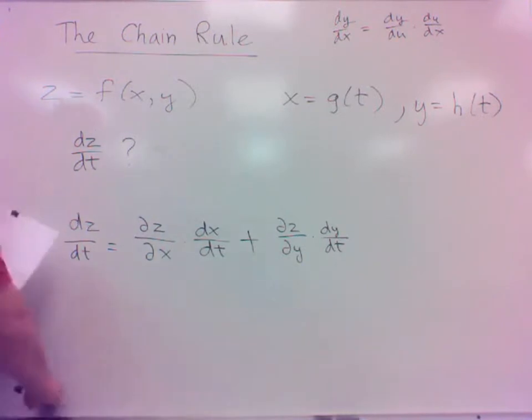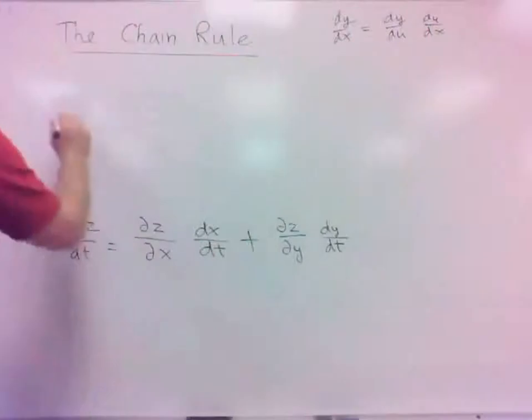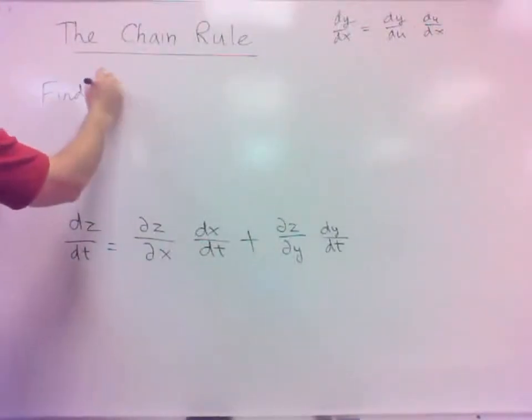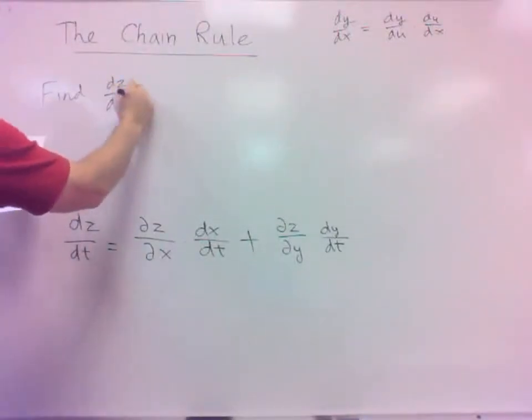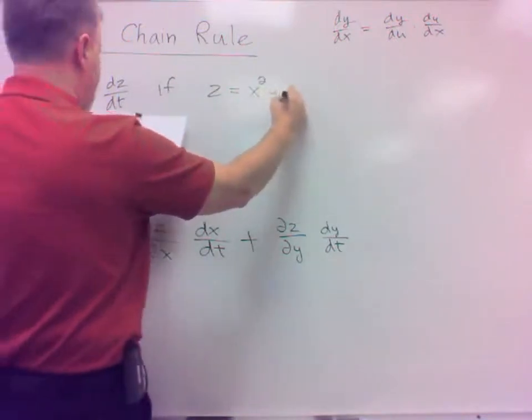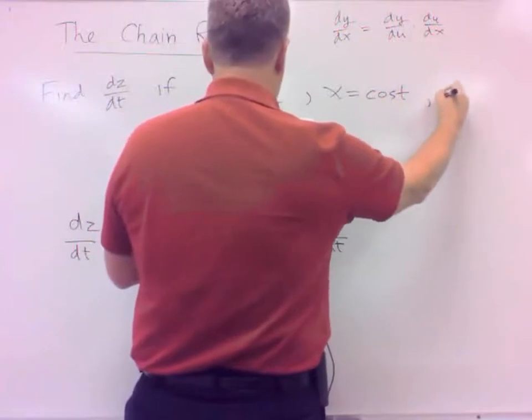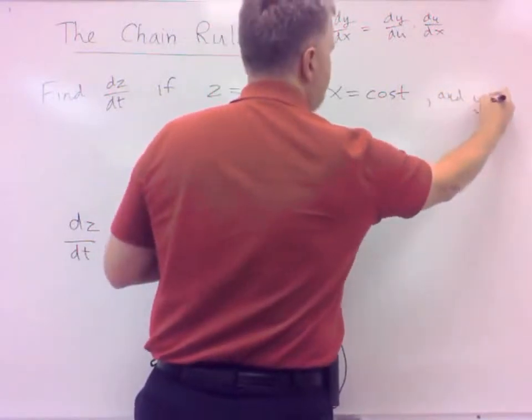All right, so let's do one here. Let's find dz/dt if z equals x squared y, x equals cosine of t, and y equals sine of t.